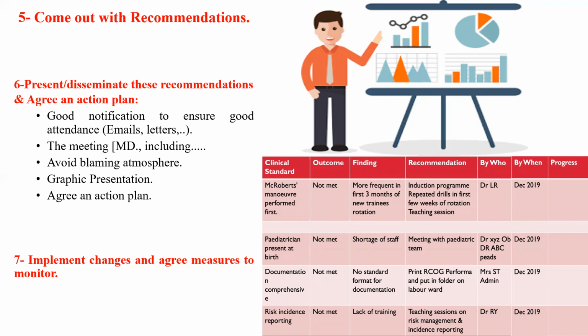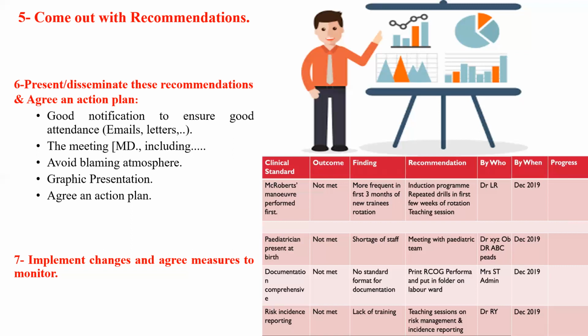The meeting has to include all the people involved in the management of babies with shoulder dystocia. So it means the juniors, the seniors, the consultants, the midwives, the coordinating midwives, all the stakeholders should be involved in the meeting. During the meeting, it's better to use graphic presentations and charts to make it easier to understand.